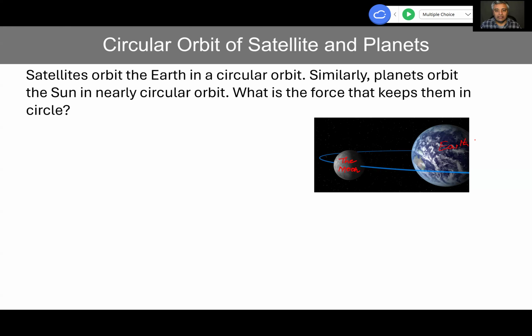We are learning how the gravitational force keeps an object in circular motion because it acts towards the center of the circle. And now we learn how to use Newton's laws of motion in that case, right?